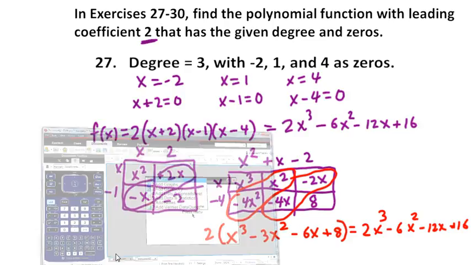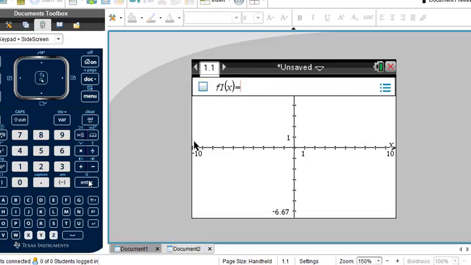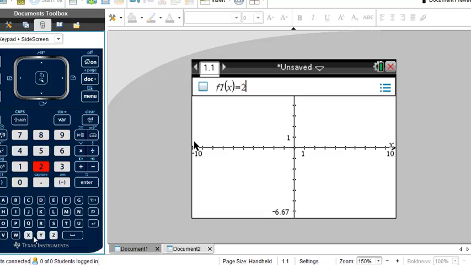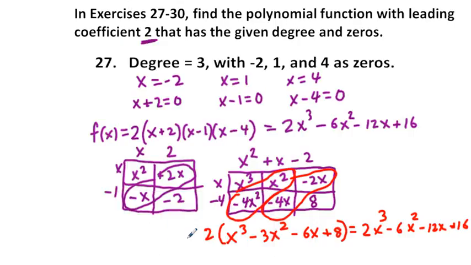We'll do that. We're going to get a graph here. We're going to have 2x cubed minus, was it 6? Minus 6x squared minus 12x plus 16.